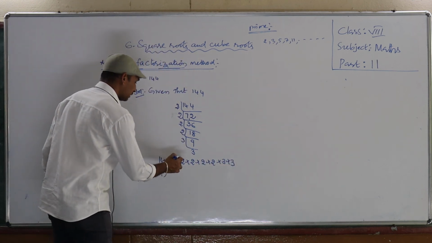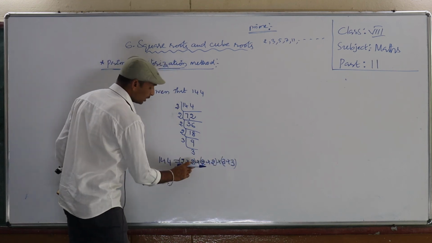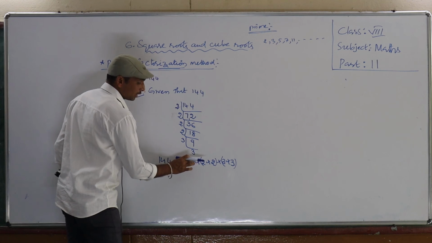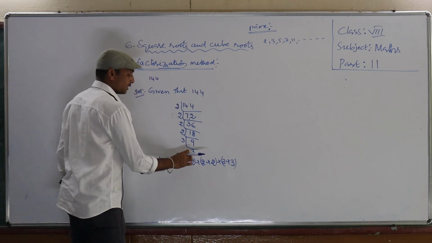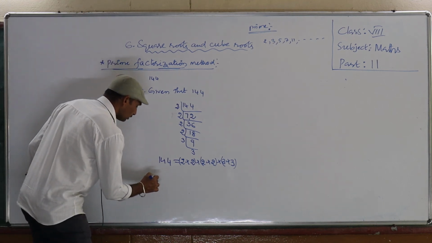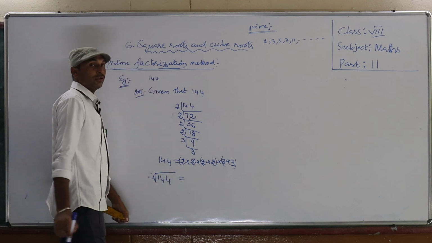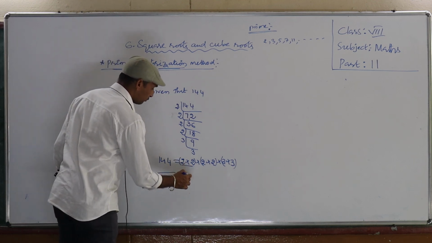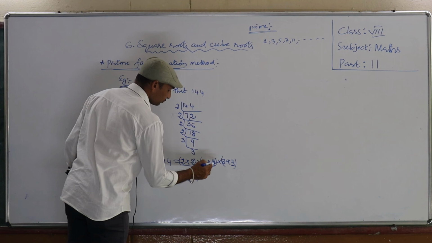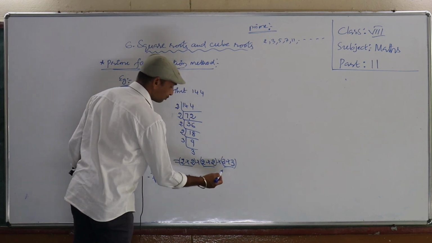So this 144 we can write as the product of these numbers, that is, 2 four times and 3 two times. Now we have to make pairs of the same, equal numbers. The square root of 144 is equal to, for this pair one 2, for this pair one 2, for this pair one 3.